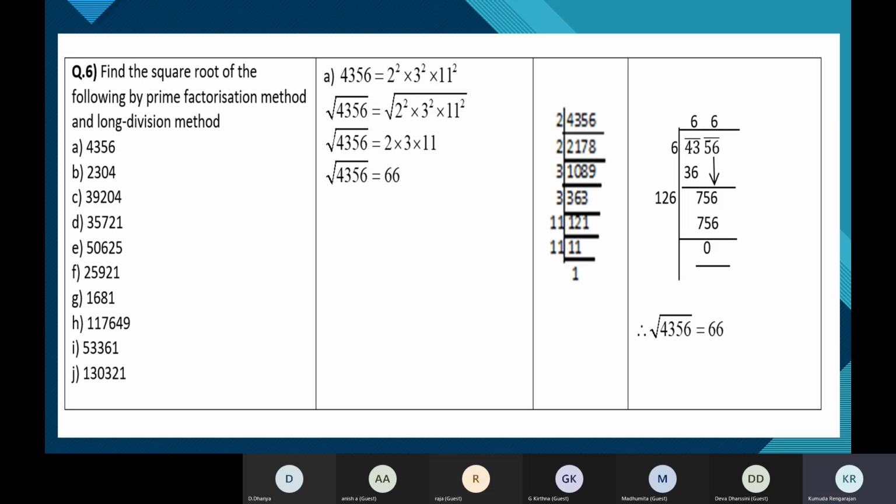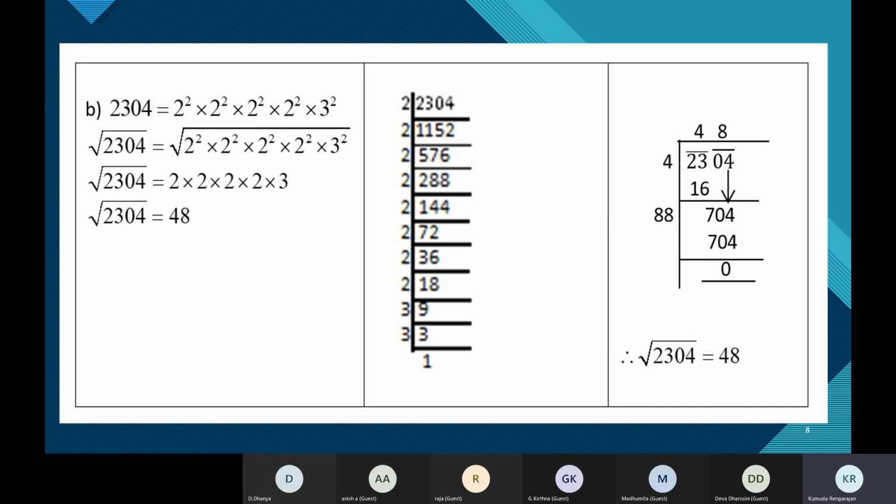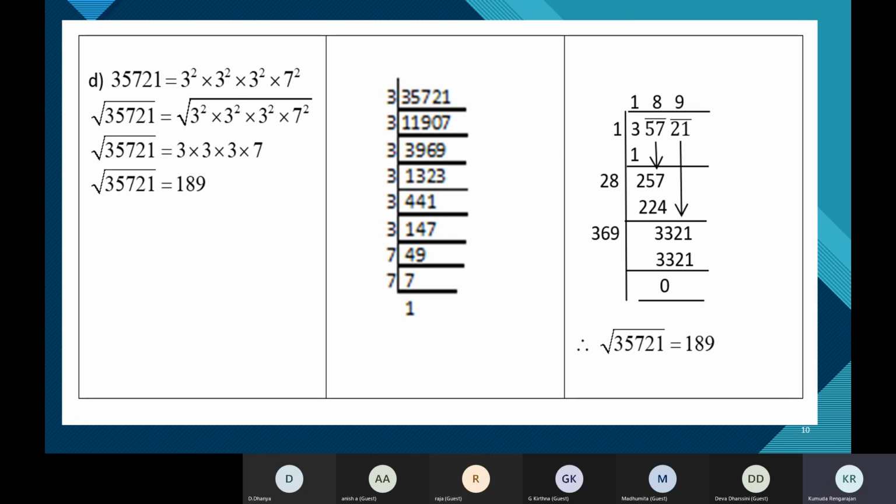So children, I'll show you all the answer slides. Wherever, in case you have not got it right, please get your doubts clarified. See, this is the answer for D. I think this we just finished. Please check your prime factors. If you have not got the same, you should have exactly the same steps.